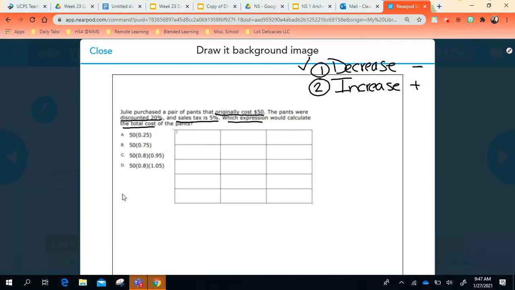So like this column is right, but this one was the one we had to fix.